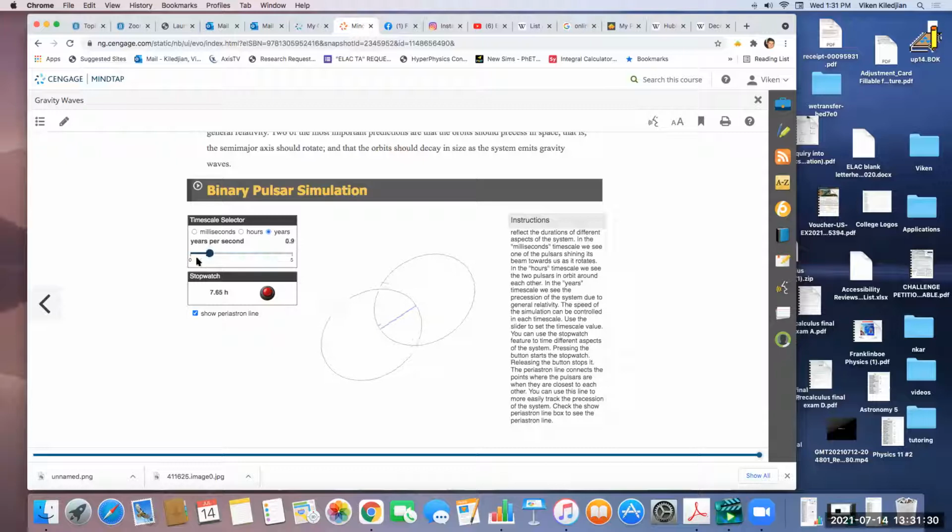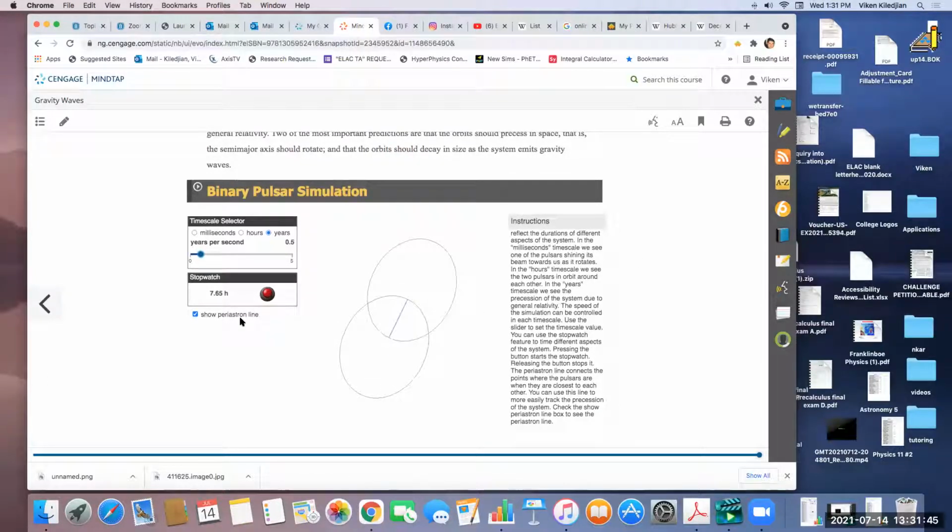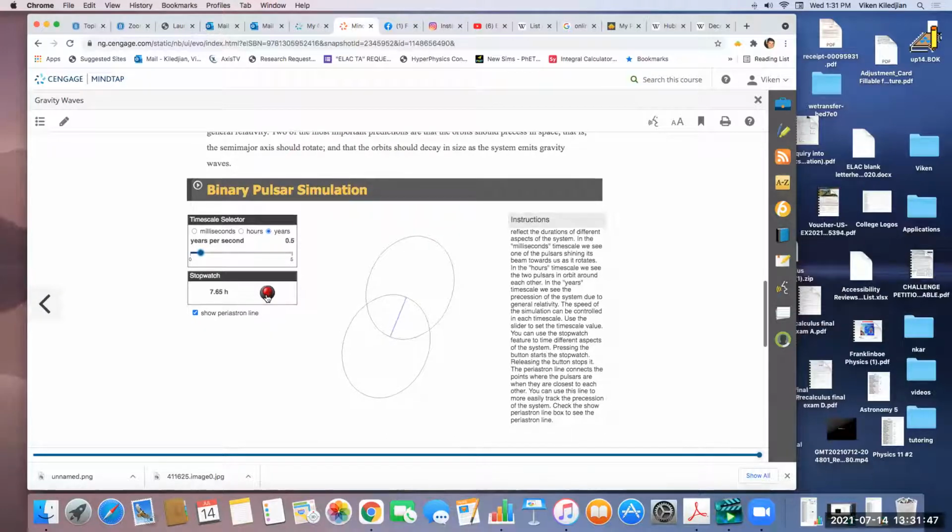Okay. So this is the Periastron Line. Technical words here. Okay, so I'm going to start it when the periastron is vertical. And then take a picture at the same time too.